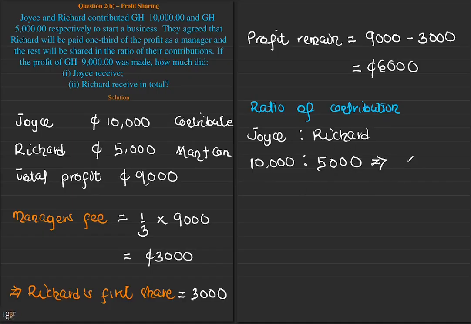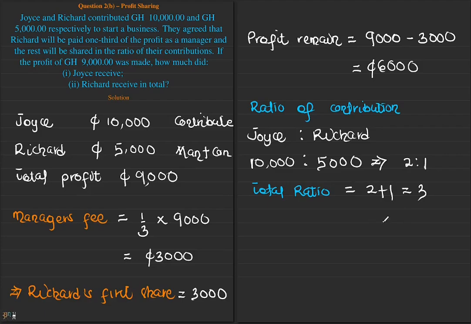So we have the ratio of contribution being what? 2 is to 1. We said to get each portion, we would have to find the total part, sometimes called the total ratio. So our total part or total ratio is going to be equal to 2 plus 1, which gives us what?